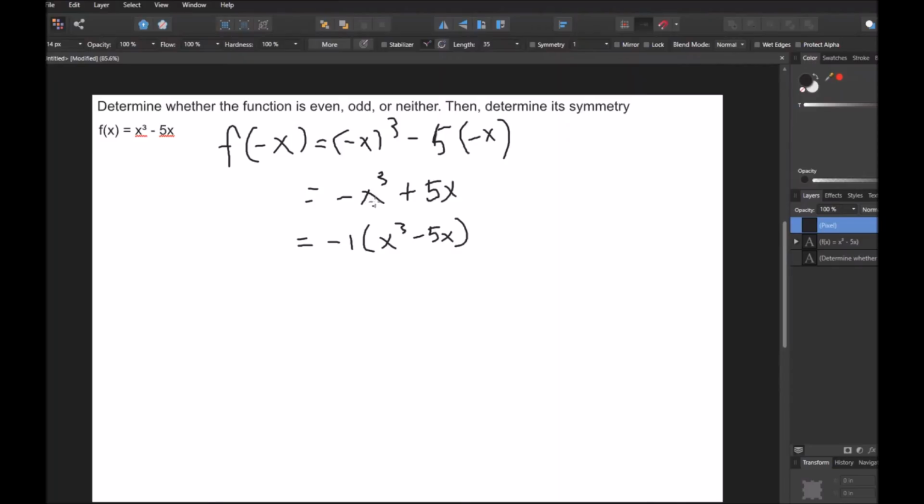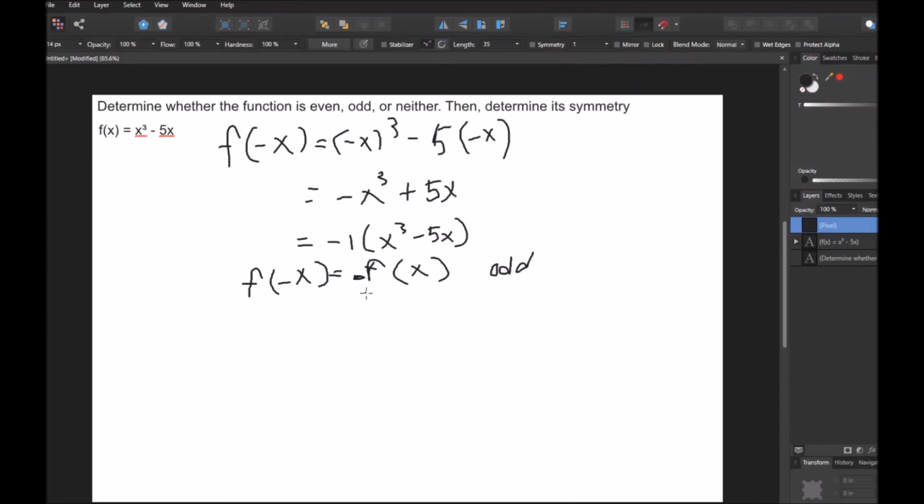So these two are the same thing, just rewritten differently. Now it should be a little bit clear here that f of negative x equals negative 1 times f of x. And we know that to mean that our function is odd.